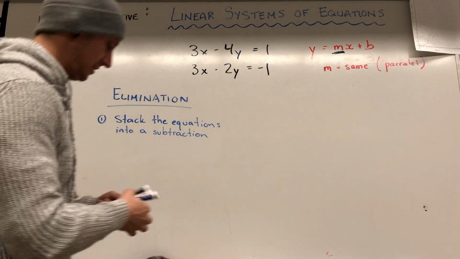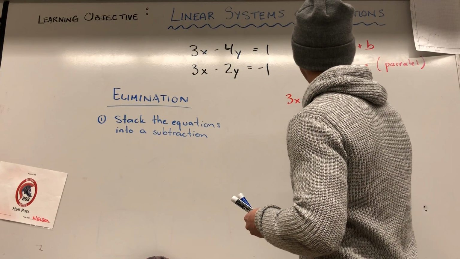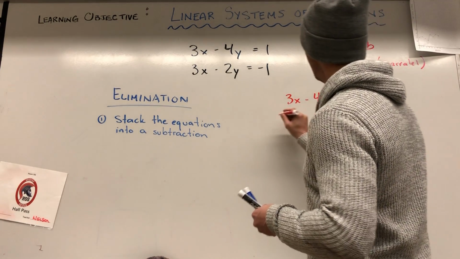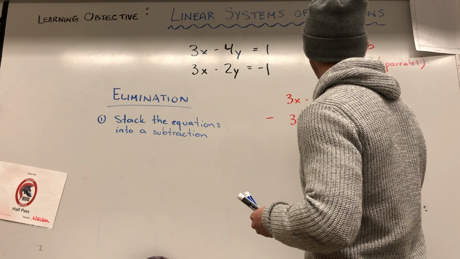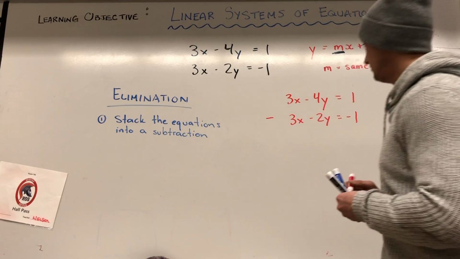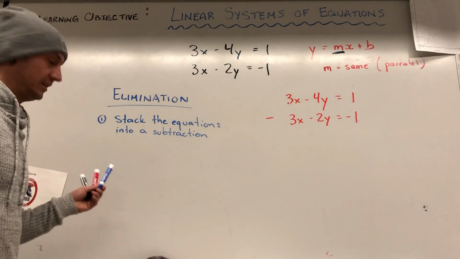Okay, so what does that mean? Well, it just means turn it into a subtraction. So if I have 3x minus 4y is equal to 1, now I'm going to add a subtract, and I'm going to subtract the other one. Minus 3x minus 2y is equal to 1. Step 1 is stack them.